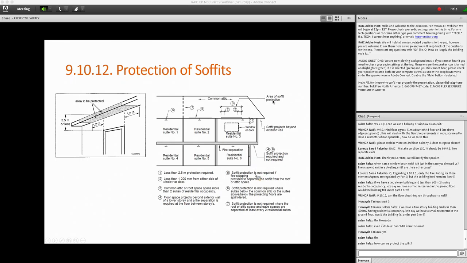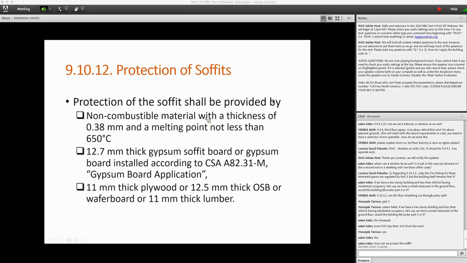Now, soffit protection is not required if you have fire stopping to separate the soffit from the roof or attic space, or if there is a separation between the assembly that separates the attic space from the stories below, then you do not have to protect the soffit.